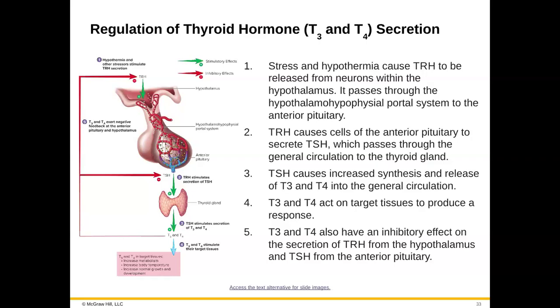Now that seems redundant, but the majority of systems within the body are redundant because they have a backup plan. If one feedback loop or one organ or structure is no longer responding to a specific type of hormone, at least then you have another way to shut it off to help maintain homeostasis and regulation. And you'll see this collectively and continuously throughout all the other glands that we're going to talk about and many of the other systems in A&P.